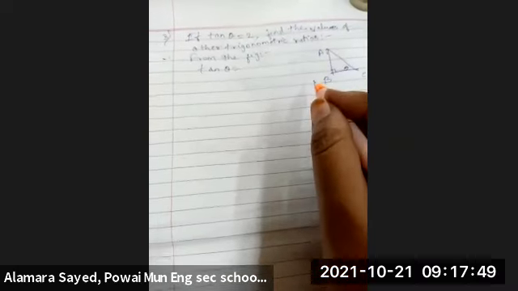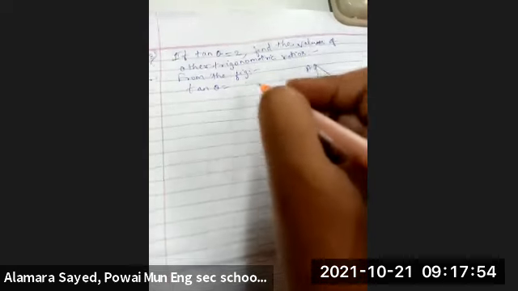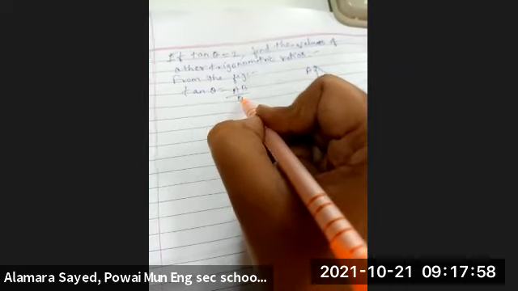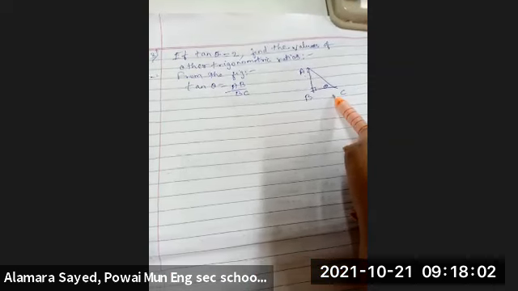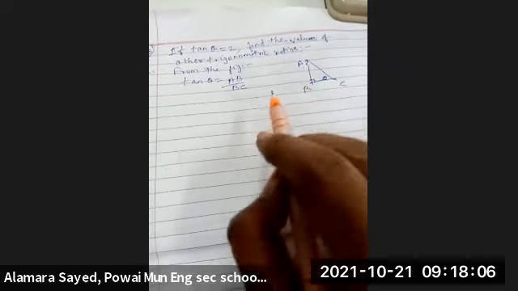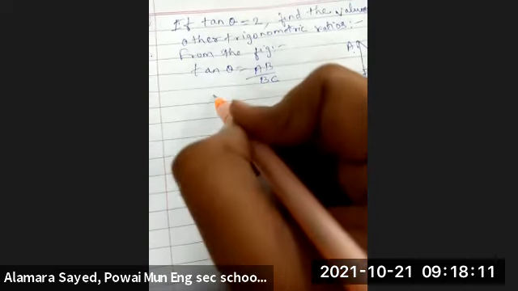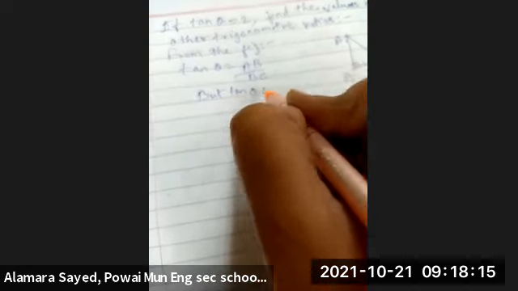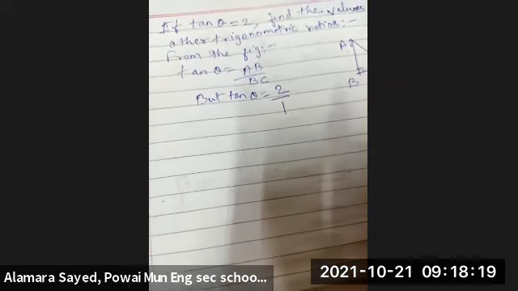So the ratio of tan theta is AB upon BC, which means opposite side upon adjacent side, that is AB upon BC. But in the question, tan theta is equal to 2, it is given. That means the denominator is 1, 2 upon 1.